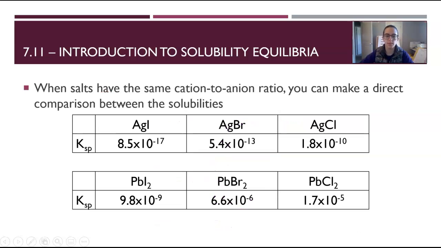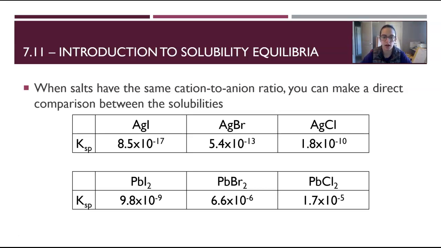One last note about solubility equilibria is that if you have salts with the same cation to anion ratio, which is common when you have the same metal cation and different anions, so 1-to-1 or 1-to-2, you can make direct comparisons between the solubilities. A larger KSP is going to be more soluble, a smaller KSP is going to be less soluble.